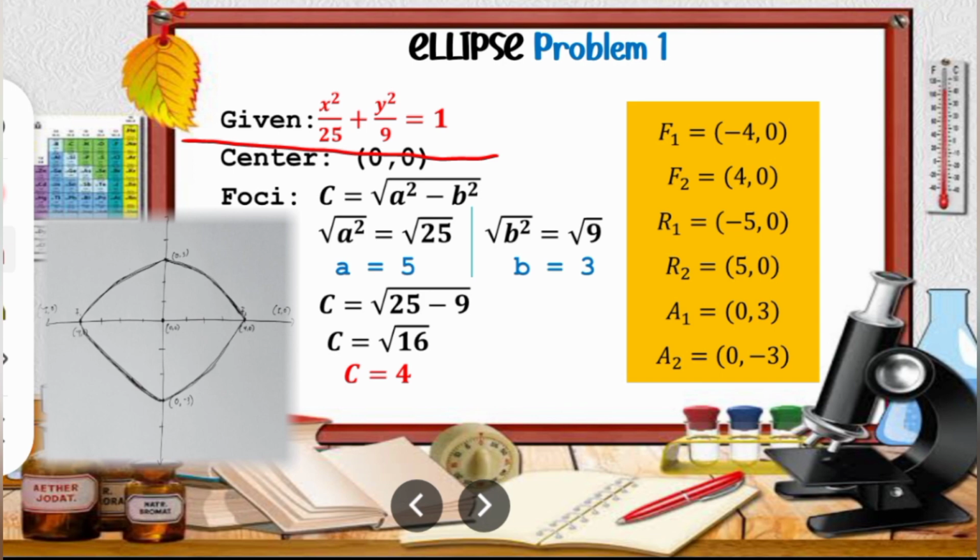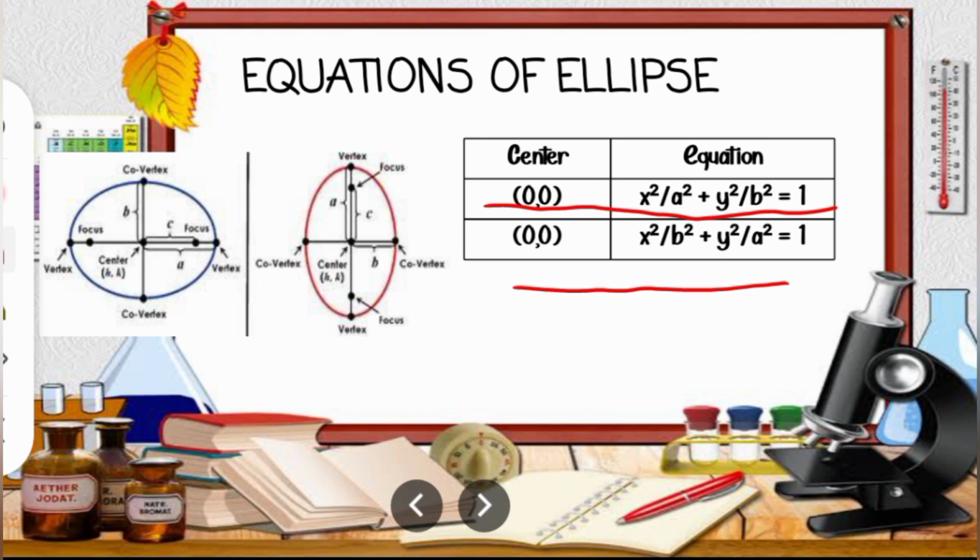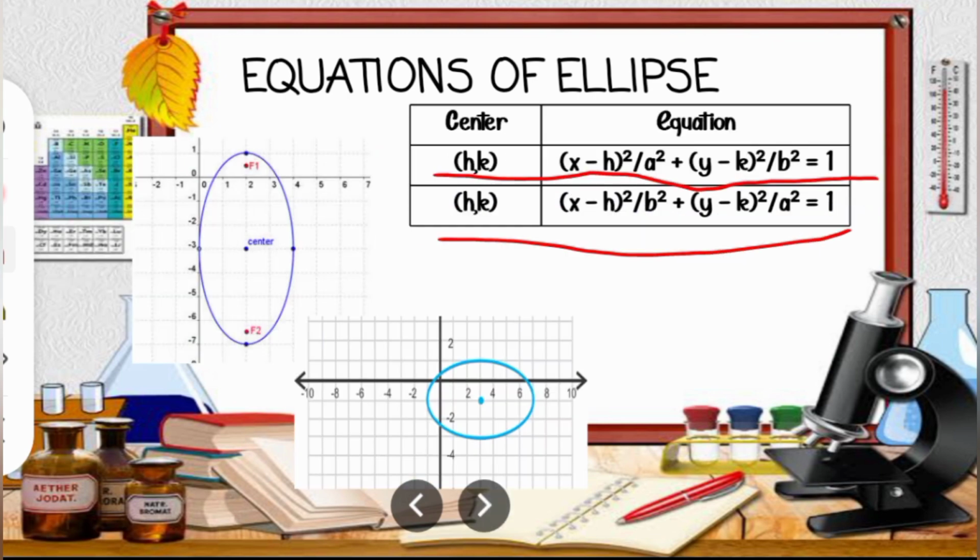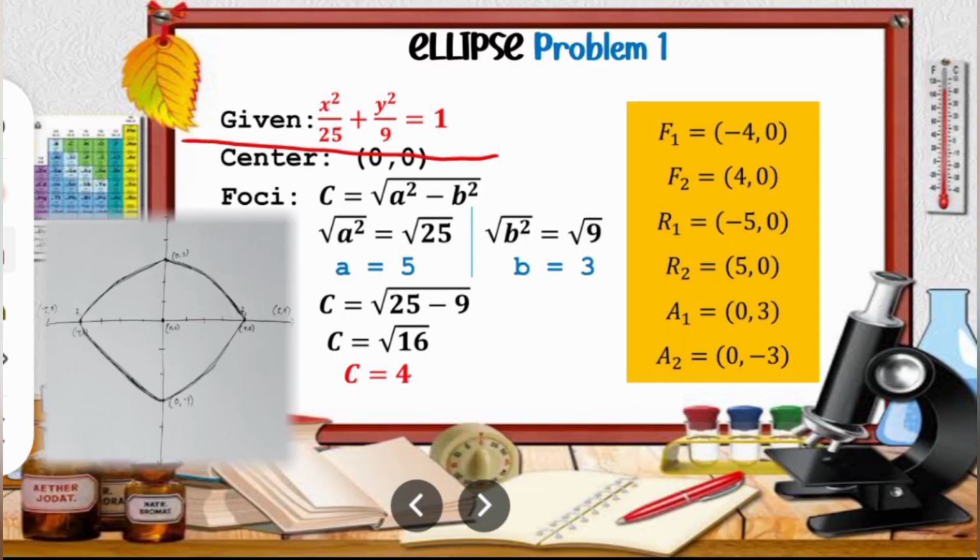This equation matches the formula with center 0, 0. So 25 here is our a squared and 9 here is our b squared. Our center is 0, 0 because our equation is like this.